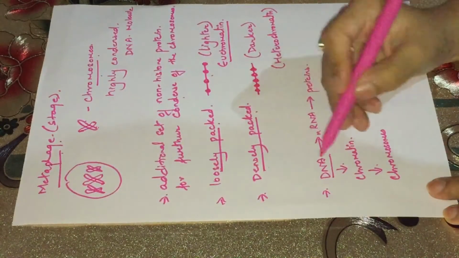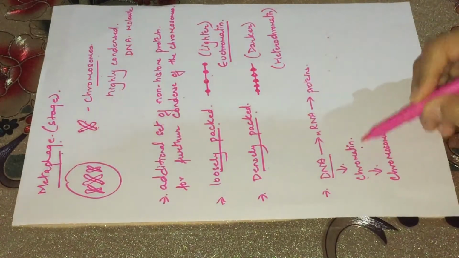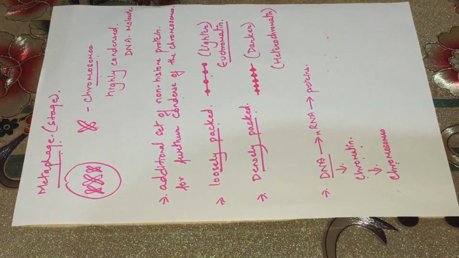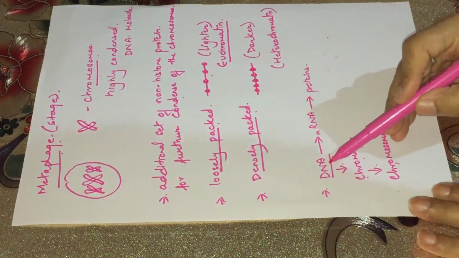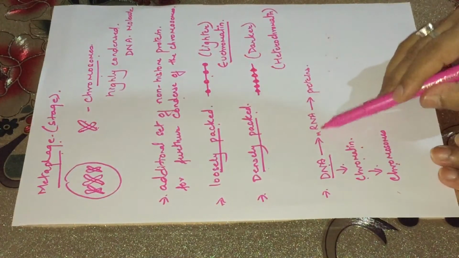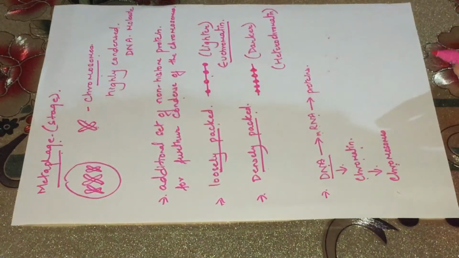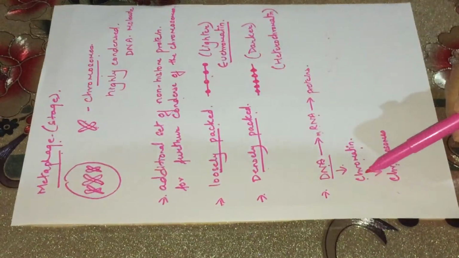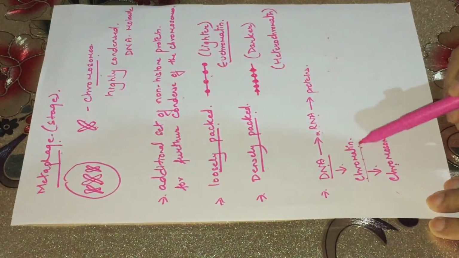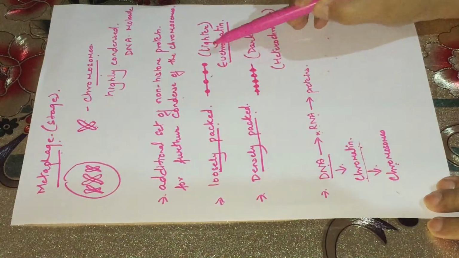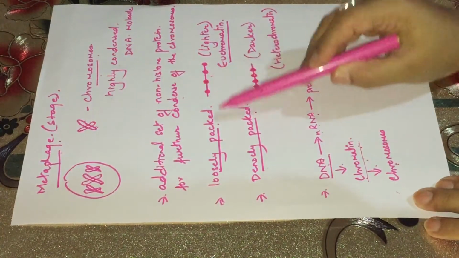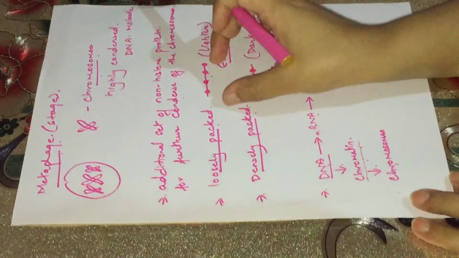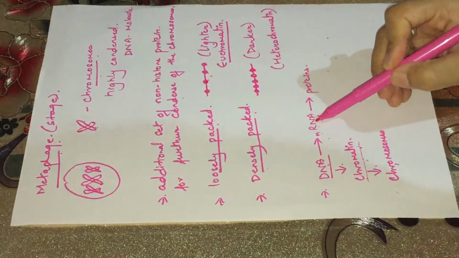DNA is wrapped around histone octamer to form chromatin. Chromatin again further condenses to form X-shaped chromosomes. The lighter chromatin which is loosely packed is transcriptionally active. That portion gets transcribed into mRNA.